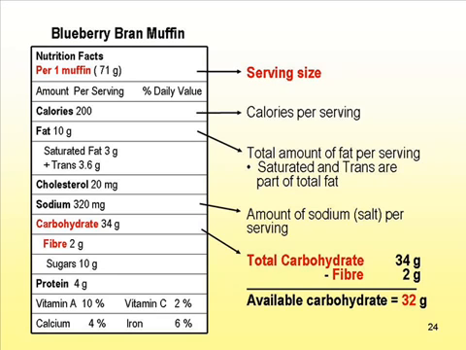And then you want to look at the carbohydrate amount, and we want to know the total grams of carbohydrates. You minus the fiber, and then you get the available carbohydrates, which is 32. 34 grams of carbohydrate minus 2 grams gives us the available carbohydrate that will affect your blood glucose. So serving size, total carbohydrate, minus fiber.